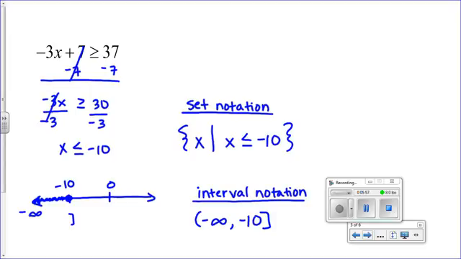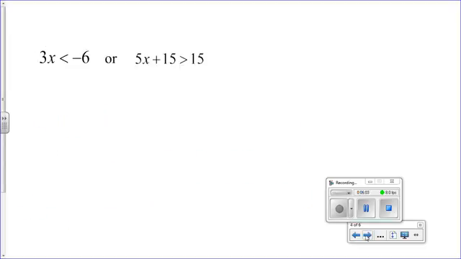Okay. Now let's look at some compound inequalities and how to write those. So remember, when it's an OR, we just solve each one individually. So I'm going to get x by itself on this first one. We're divided by +3, so nothing changes with my sign. Okay. Over here, I need to subtract 15 from both sides.